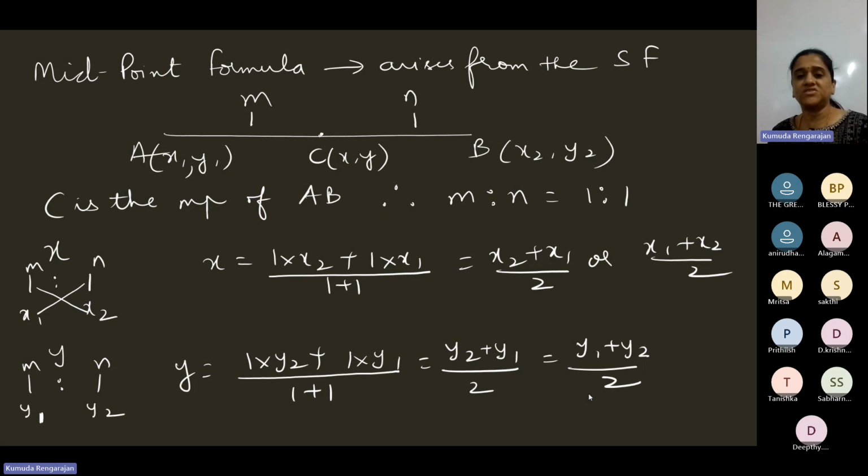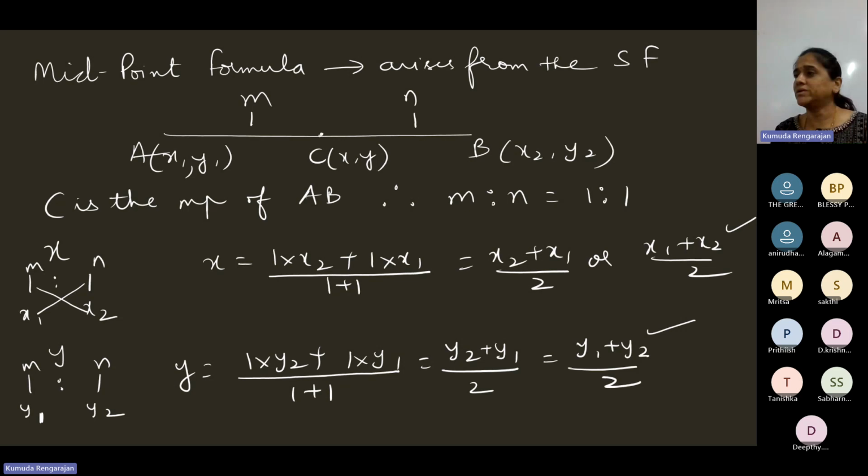So if you know that C is the midpoint of AB, and we are asked to find only the x coordinate of C, you can just find (x1 plus x2) by 2. You can use them separately. That's what I'm trying to say. You can use (x1 plus x2) by 2 and (y1 plus y2) by 2 separately.